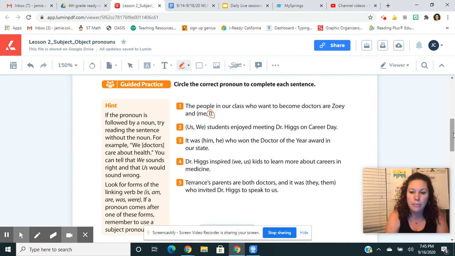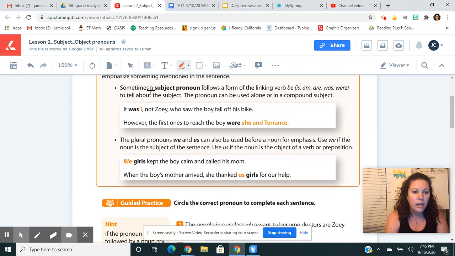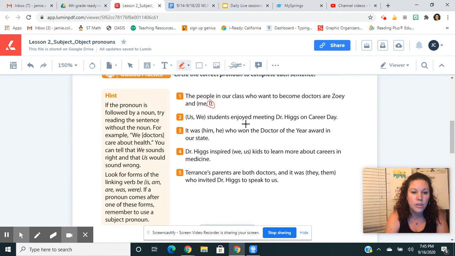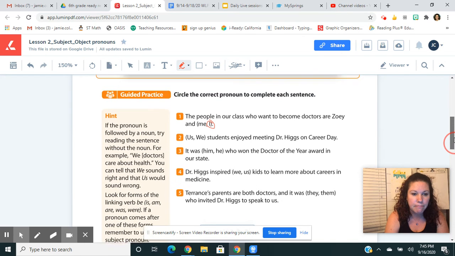If we go back up to right here, it was I, not Zoe, who saw the boy fall off his bike. This is a subject pronoun, so we want to use the word I. Number 2. Us students enjoyed meeting Dr. Higgs on career day, or we students enjoyed meeting Dr. Higgs on career day. Which one are we going to choose here?